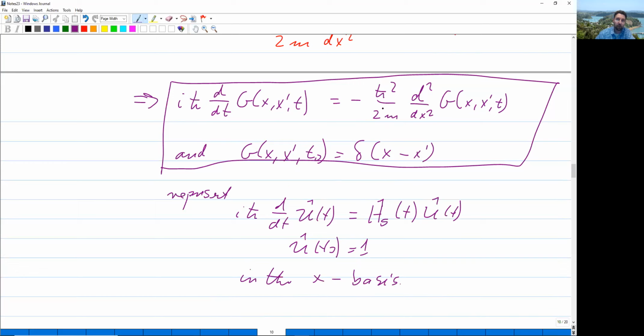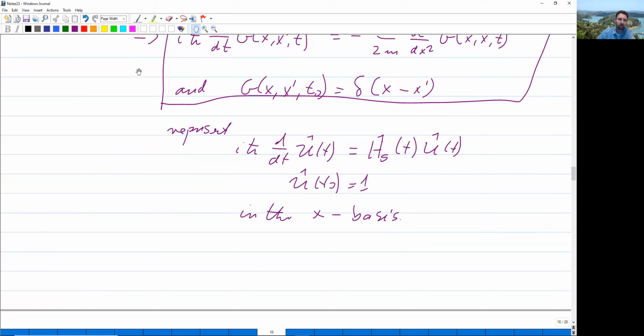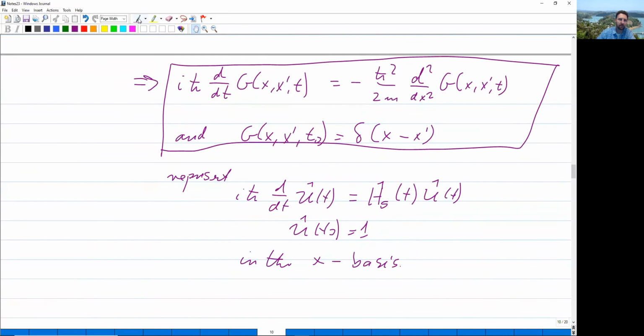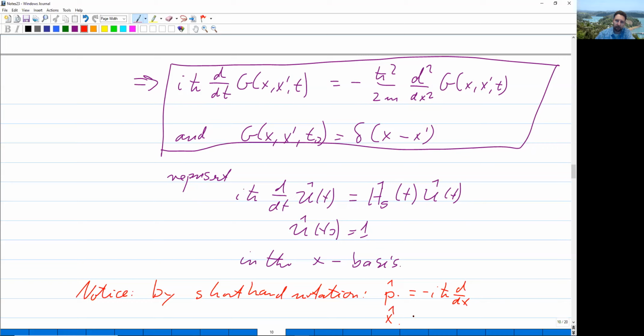Now, this can be written also slightly differently, because if you remember, by the shorthand notation, what we have is that i h bar, well, remember the shorthand notation was that p hat dot is acting as minus i h bar d by dx, and x hat dot is acting as multiplication by x in the x basis.